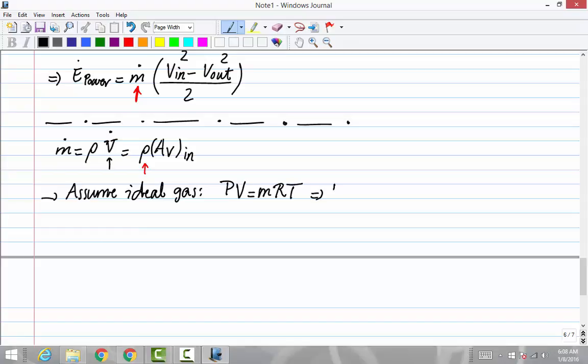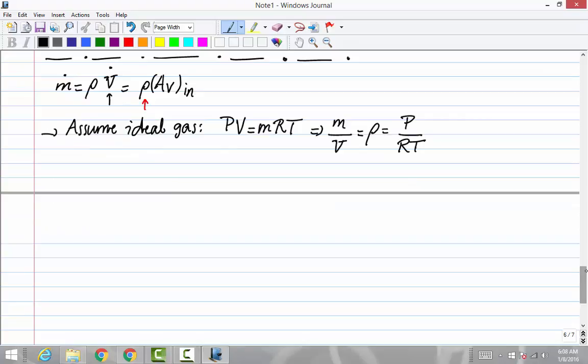So m divided by V, mass divided by volume, which is density, equals P over R times T: keep P here and move R and T to the left side, temperature and then the gas constant. Okay, great. I have pressure and temperature at the inlet. So I can find rho, and I know that rho at the inlet equals rho at the outlet. It's constant all the way. Great, awesome. Everything is in shape.